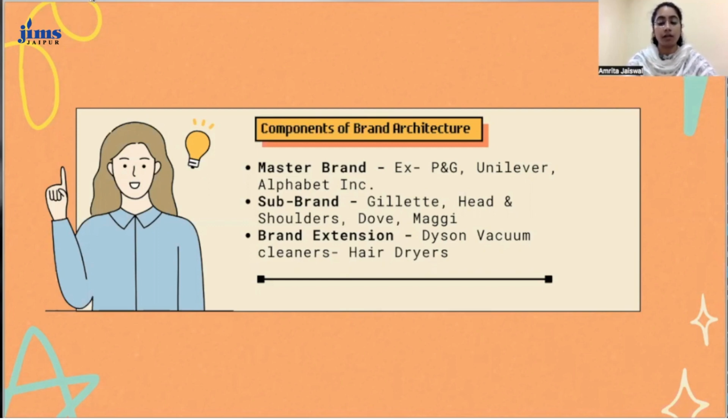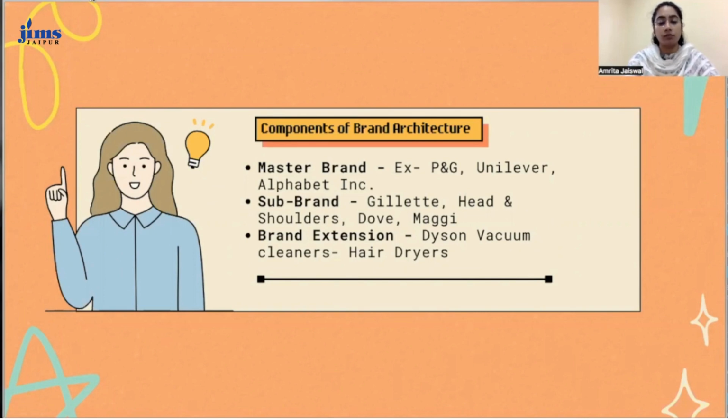Master brand is the top-level corporate brand, also called the parent brand, which encapsulates all the offerings of the company. Usually, the parent company's brand name forms the master brand. For example, you can see here on the slide Procter and Gamble, Unilever, Alphabet Incorporated. These are all master brands. Underneath, several brands and sub-brands exist.